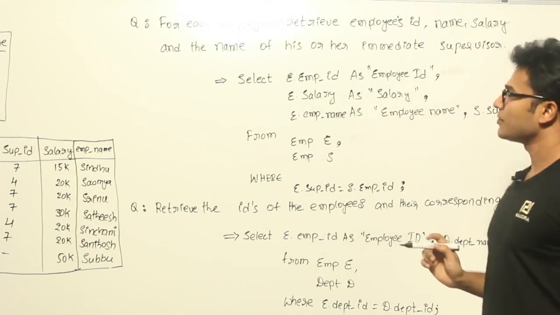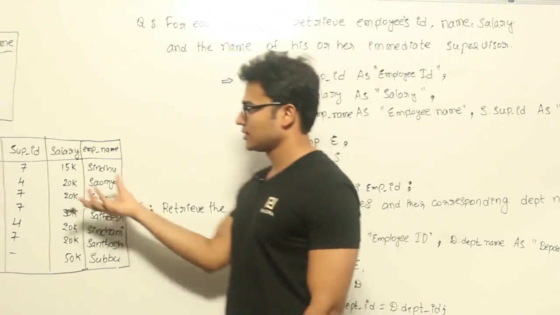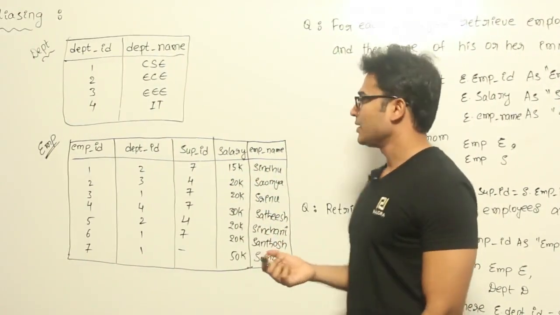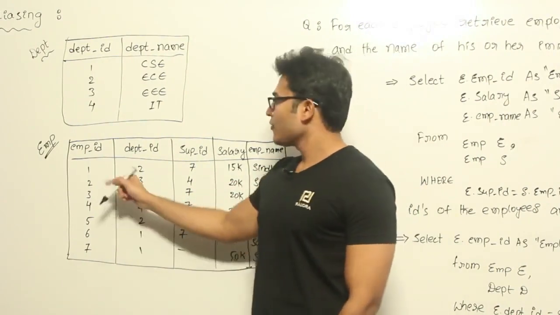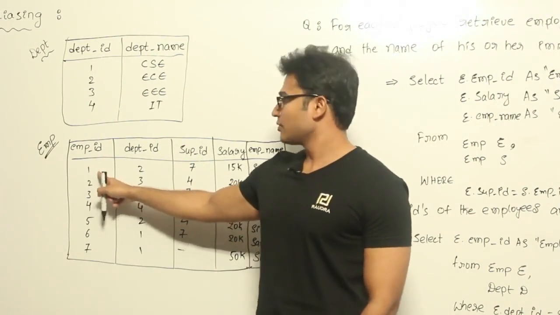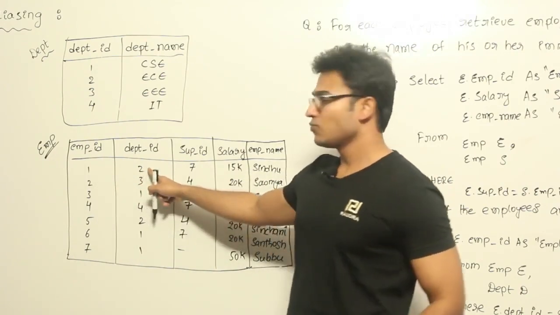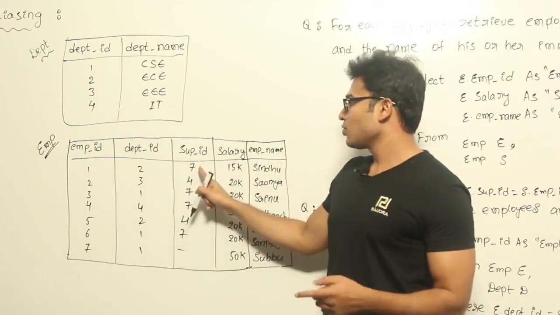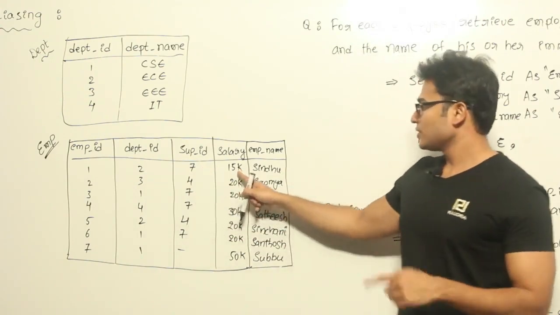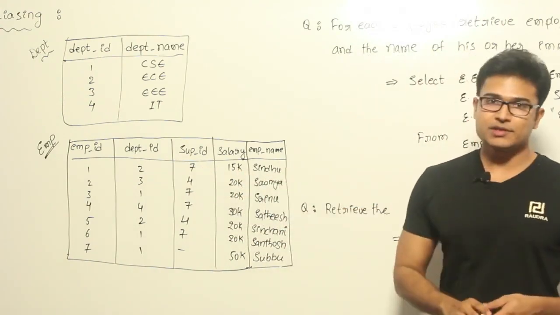Now how to get this information is, if you look at this database, we have a table called employee. In this employee table, we have employee details, and it means what his ID is, and then in which department he is working, and who is his supervisor, and what is his salary, and what is the employee's name, right?